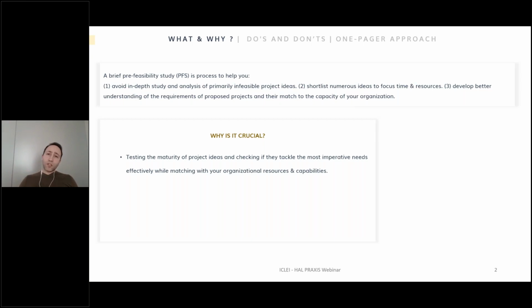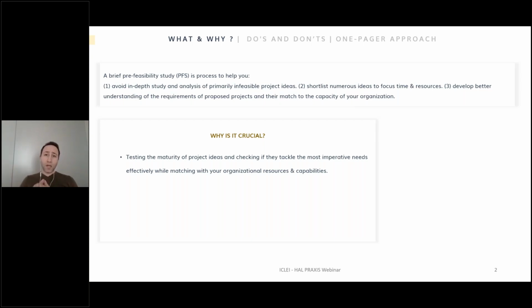To answer this question, you need to say, what does it require to bring this idea to life, to make it work, to make it effective, which we call later on pillar requirements. And I'm going to get into what we call pillar requirements. And do I have, as an organization, the capacity? By capacity I mean the resources and the capabilities. There are different resources. The financial aspect; capabilities means, do we have the legal and infrastructure foundation?